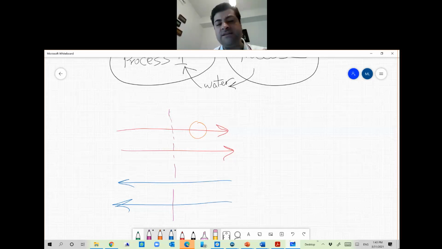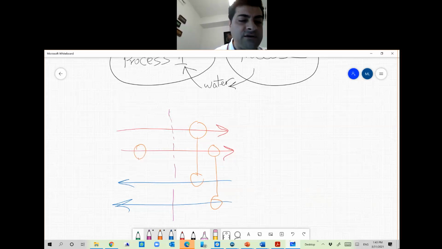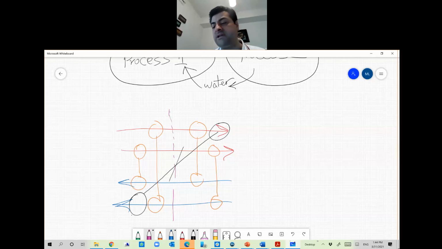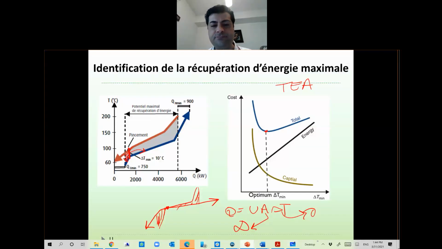The hot and cold streams on the left can match together, and hot and cold streams on the right can also match together. If you design a heat exchanger matching from the left side of the pinch to the right side, crossing the pinch point, it is not acceptable. It's not possible. So there are details in pinch analysis.